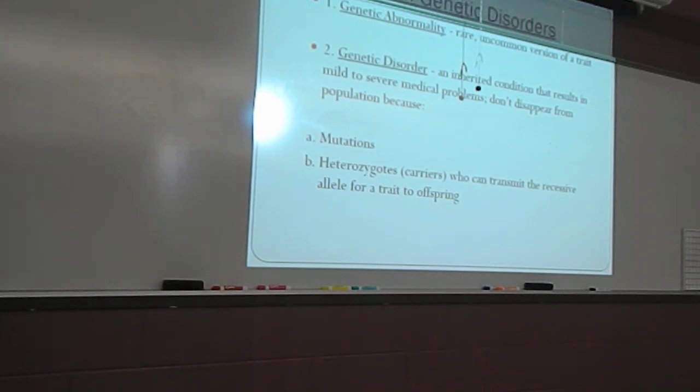So instead of fully rolling your tongue or not being able to roll your tongue, if a mutation occurred, then you can halfway roll your tongue. I'm just making it up, but what I'm saying is, once a mutation occurs, different phenotypes can arise.